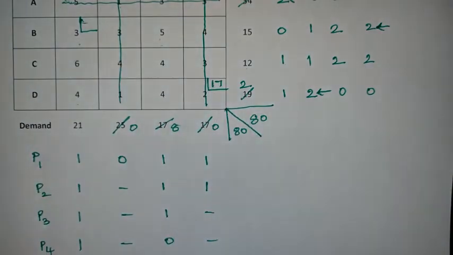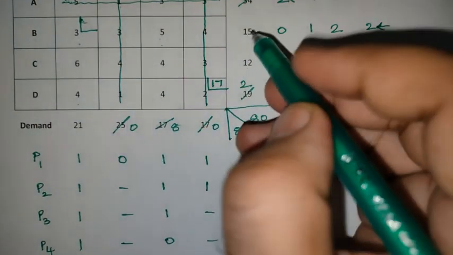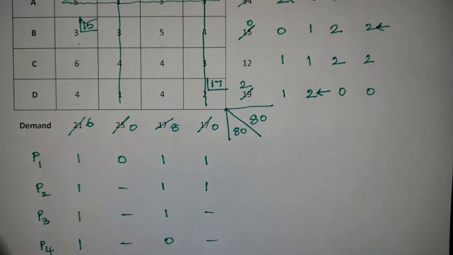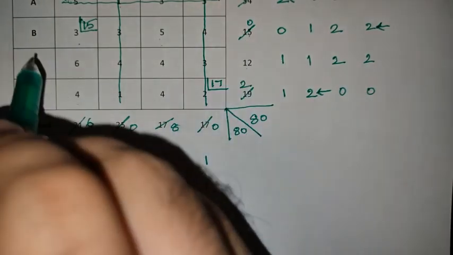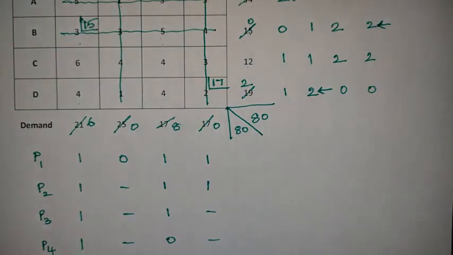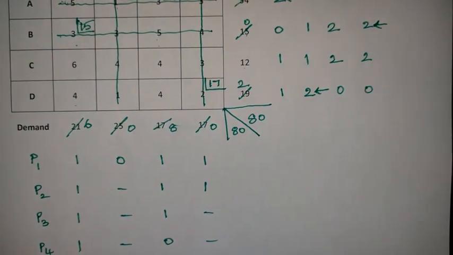So now allot the number of units for these 3. How many units can I allocate? 15 units I can allocate, and the remaining are 6. As this row becomes 0, so strike off this row. Next, let's go for fifth iteration.